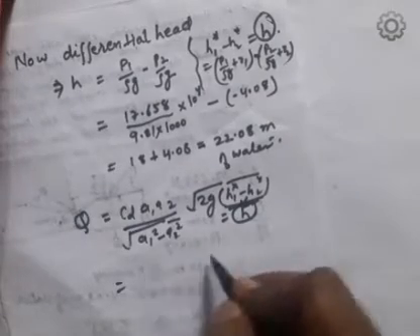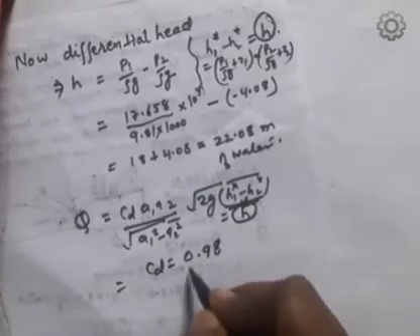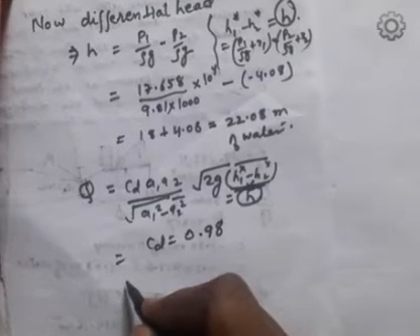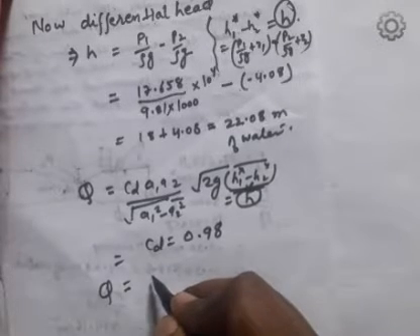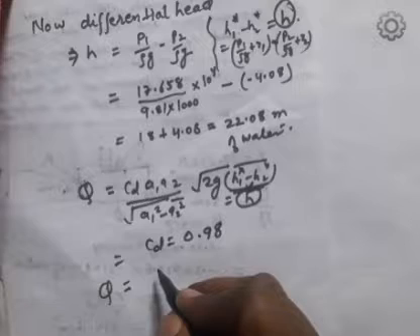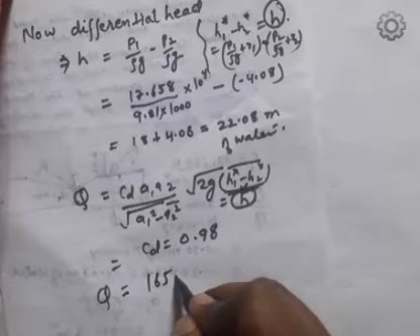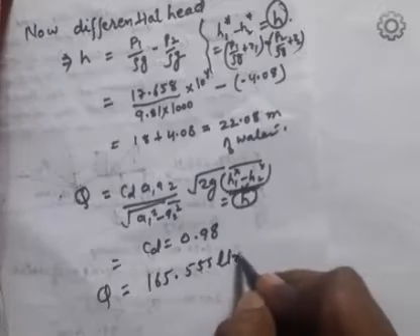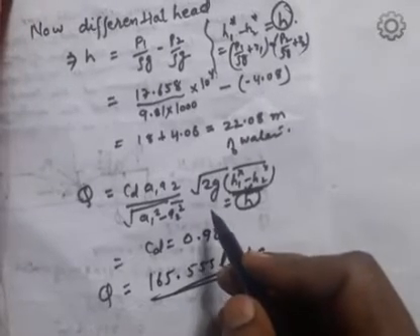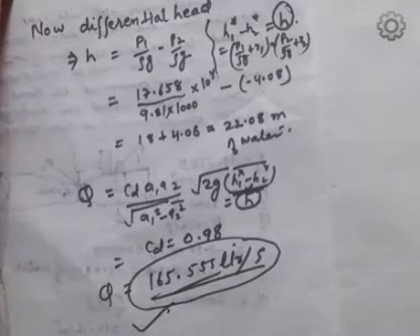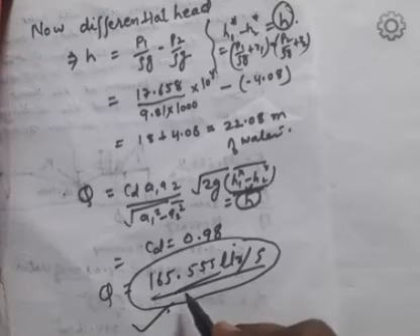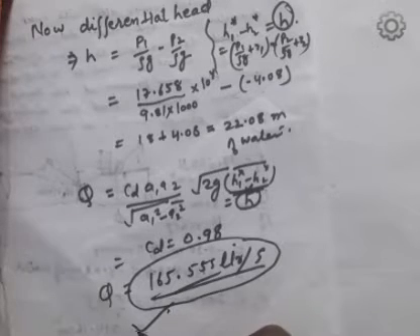By putting all these values we can calculate the discharge, and Q comes to 165.555 liter per second. It comes in centimeter cube per second, and we have converted it into liter per second. So that is the method. On that basis you can solve the assignment I have given. In case of any difficulty you can ask me or comment on my YouTube channel.